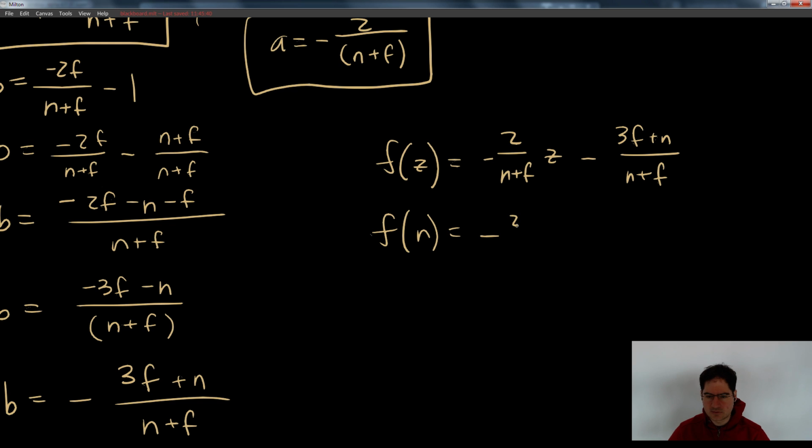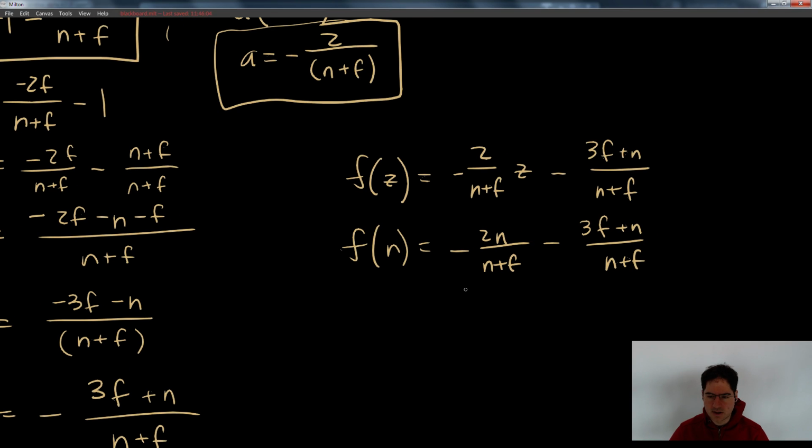In this case, I get negative 2z, right? Negative 2n over n plus f minus 3f plus n over n plus f. And if I combine these, f of n equals negative 2n minus 3f minus n over n plus f.